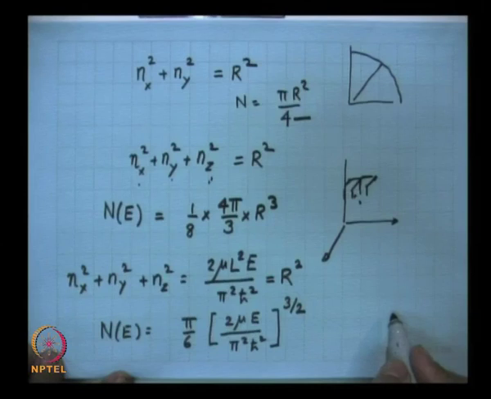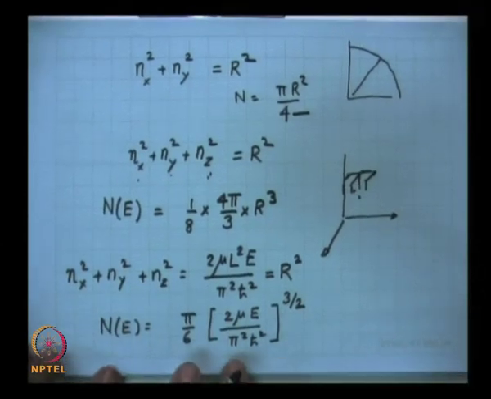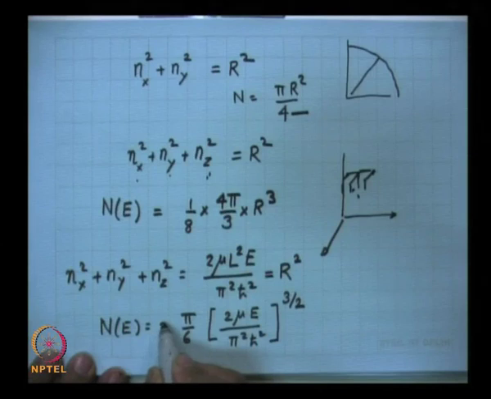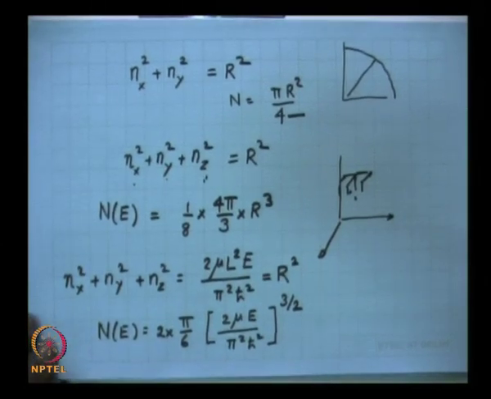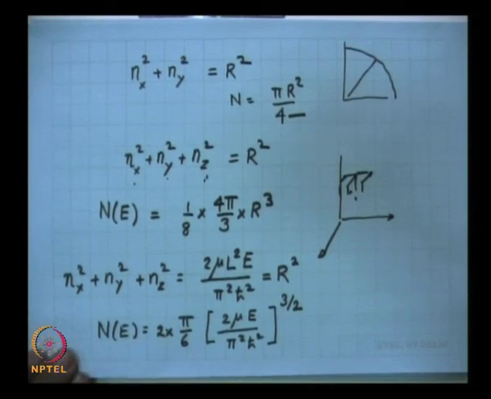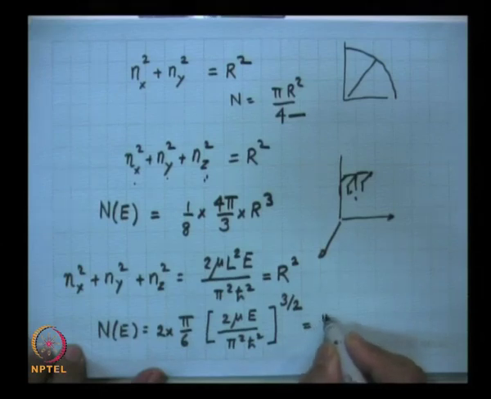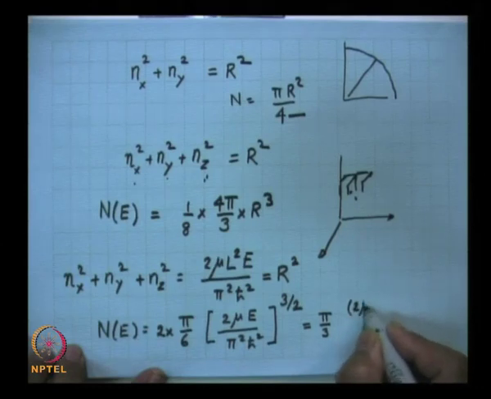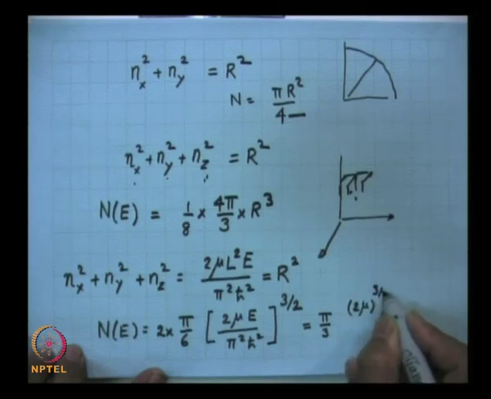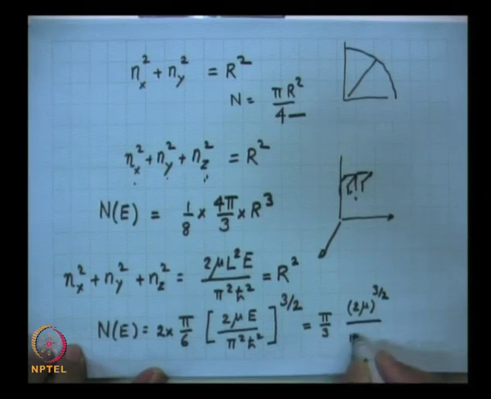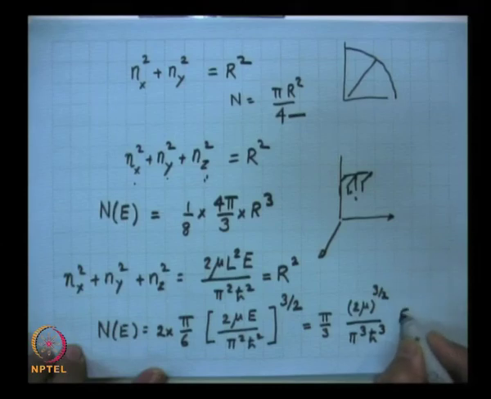So, the number of available states for the electron will be 2 times this. So, this will be the total number of states whose energy is less than E. If I simplify this, it becomes pi over 3 times 2 mu raised to the power of 3 by 2 divided by pi cubed h cross cubed times E to the power of 3 by 2.